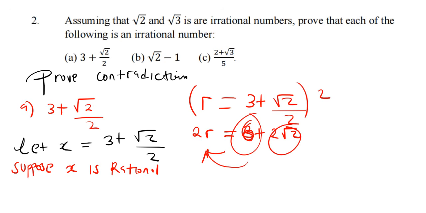A rational number plus an irrational number cannot give you a rational number. So therefore, in this case, our x is irrational. Basically that.